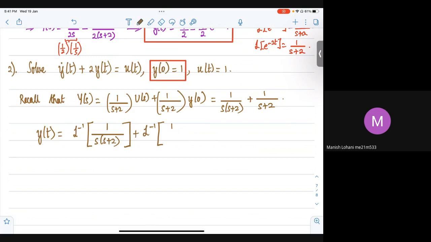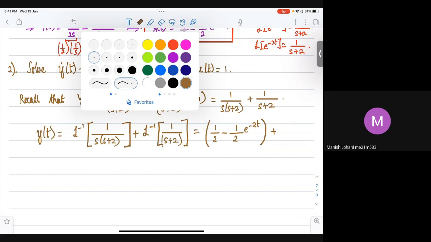s plus 2. Okay, so that's the second term. We already obtained the answer for the first part, so we just solved that problem. That's going to be 1 by 2 minus 1 by 2 e to the power minus 2t.